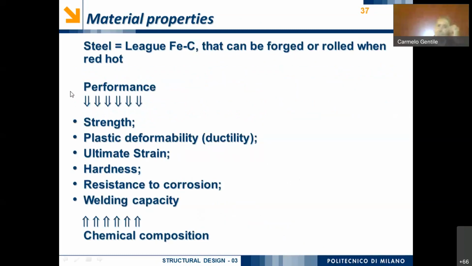Basically, the performance of steel in terms of strength, plastic deformability, and ductility, ultimate stress and ultimate strain, hardness, resistance to corrosion, and welding capacity are basically determined by its chemical composition. Because basically steel might be defined as an alloy between iron and carbon that can be forged or rolled when red hot.